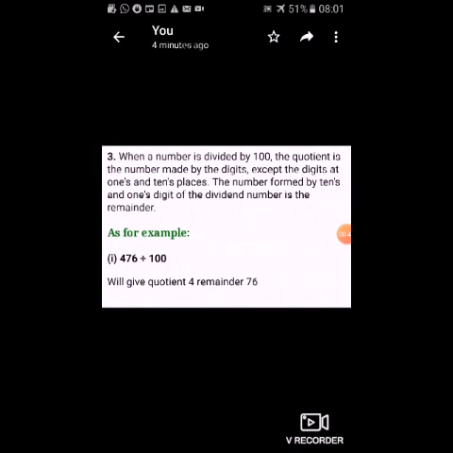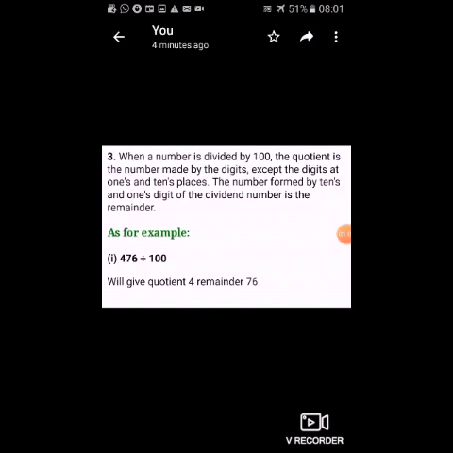Next, when a number is divided by 100, the quotient is the number made by the digits except the digits at the ones and tens place. Hence, there are 2 zeros in 100, so we are taking 2 digits, the ones and the tens place.